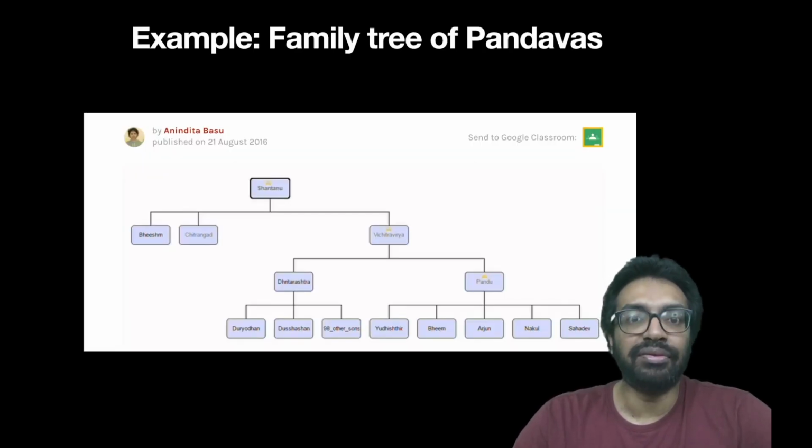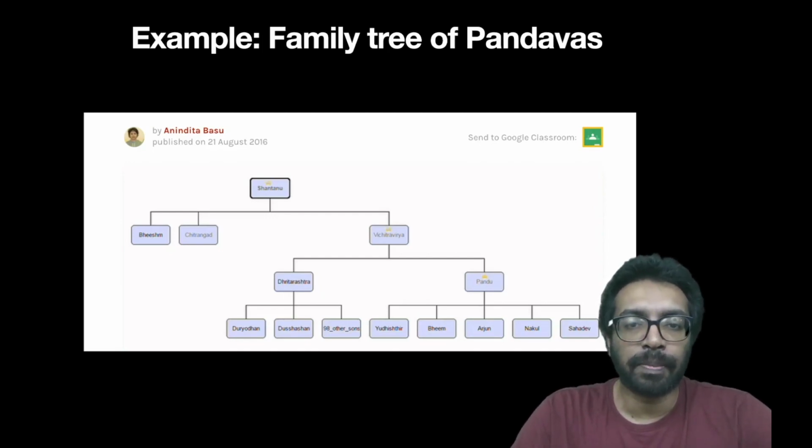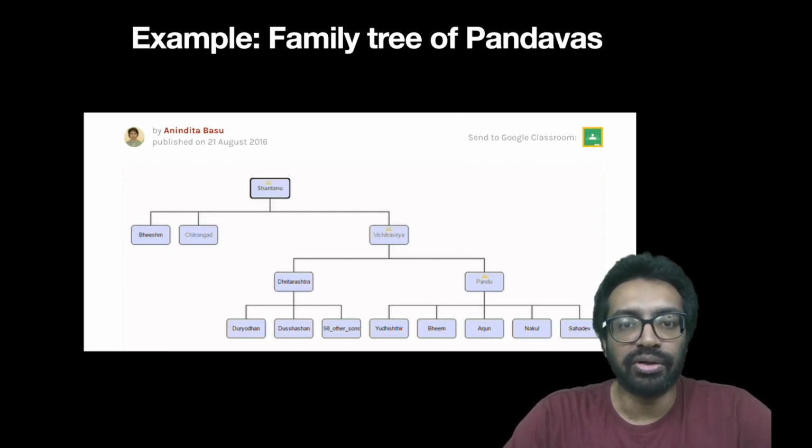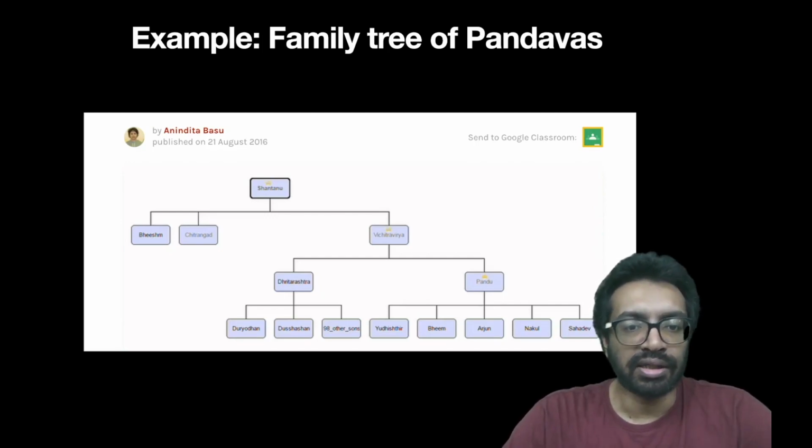The first example is a family tree. This is a family tree taken from the Mahabharata, the family tree of the Pandavas. The main reason for introducing the family tree is that the terminology used in a tree data structure comes from family trees.